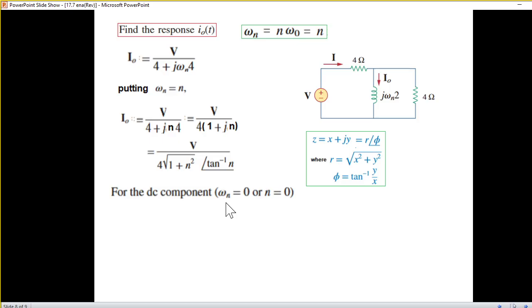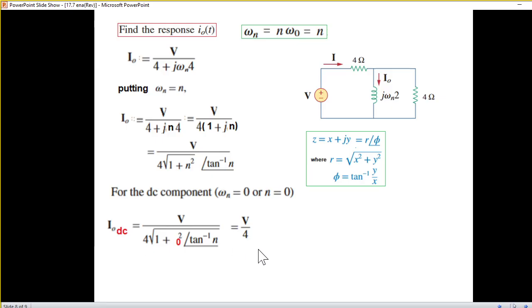Now for DC component, omega n is 0, therefore n is 0. If we're taking this formula for I0, n is 0 for DC. Therefore, IDC will be, here we'll put n equal to 0, and the value will be V over 4, because the tangent of 0 is 0, so the angle will be 0.